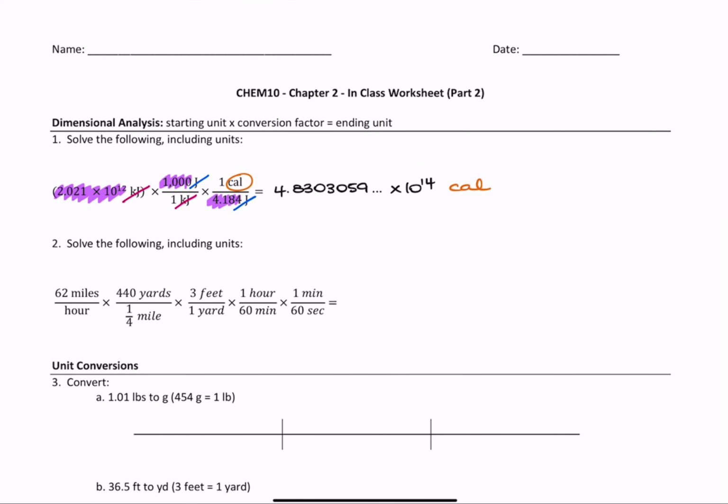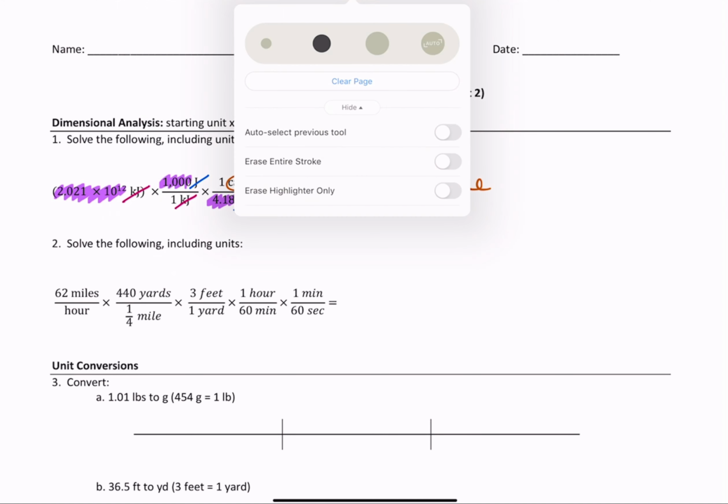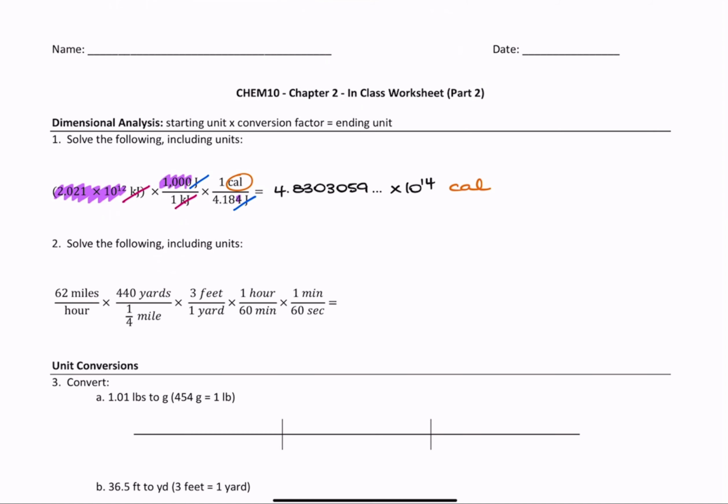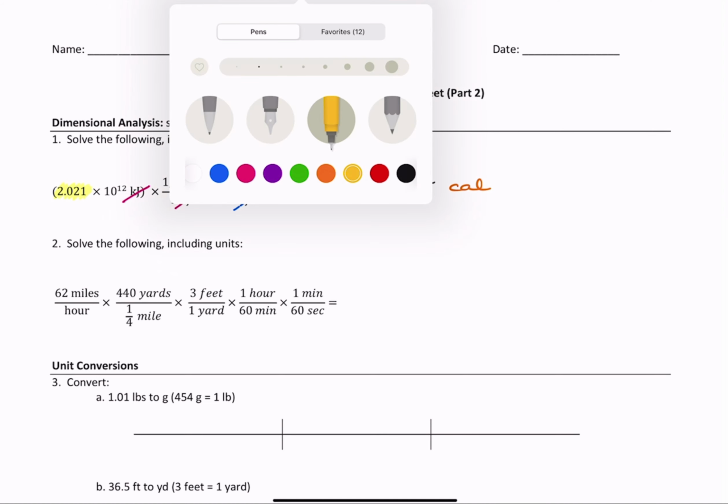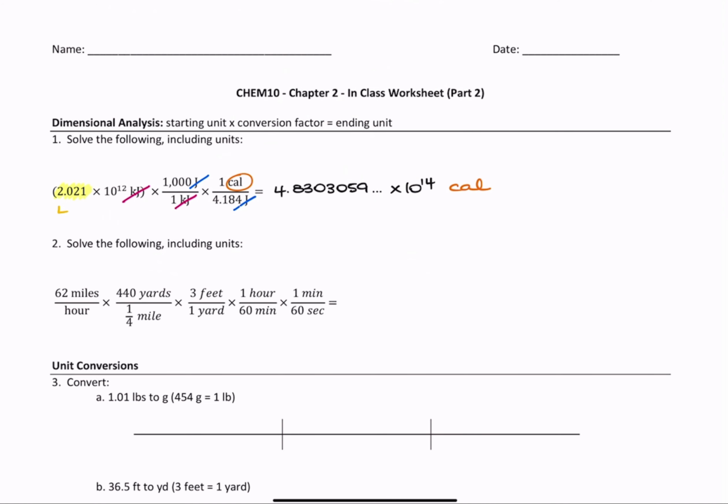So let me remove whatever I have here in purple so we'll be able to see what I'm talking about better. So the first number consists of how many sig figs? Scientific notation, so this number in the coefficient has 4 sig figs. The 0 is in between two non-zero digits, so we'll count.